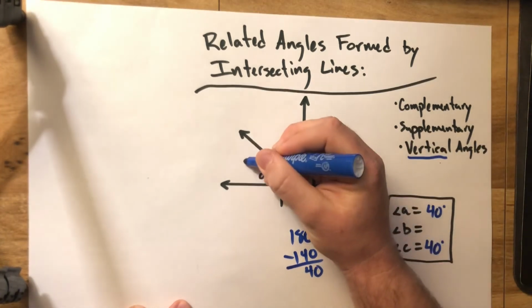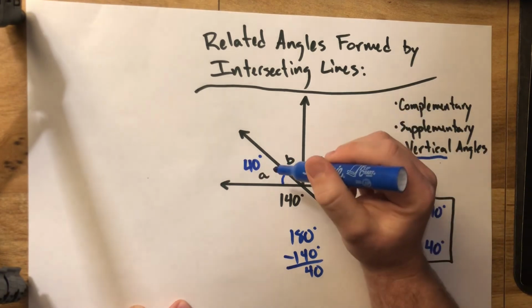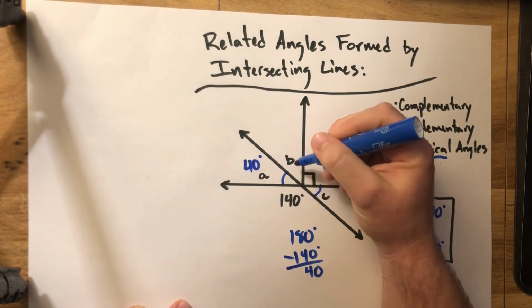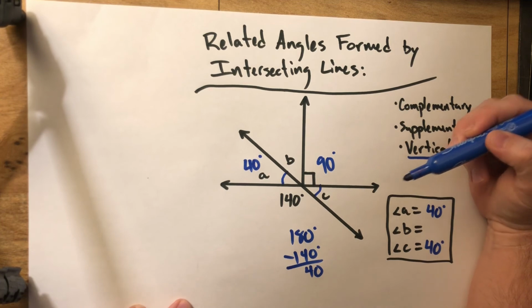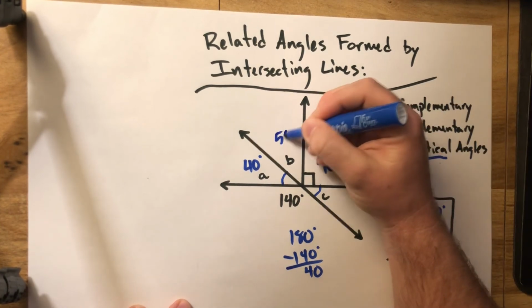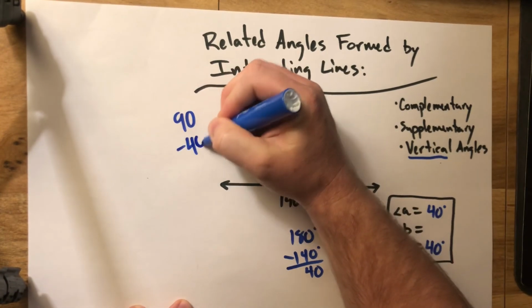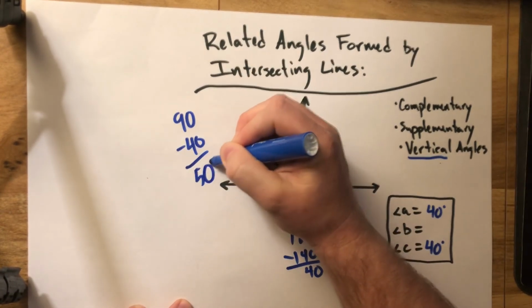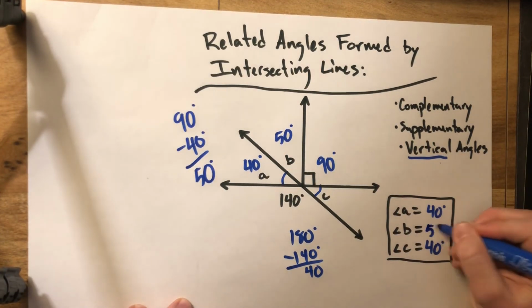So if I know that angle A is 40 degrees, then I know that angle B would add up to be 90 with angle A. So if we put in 50 there, or to prove it, 90 minus 40 equals 50. I'd agree with that. So angle B is 50 degrees.